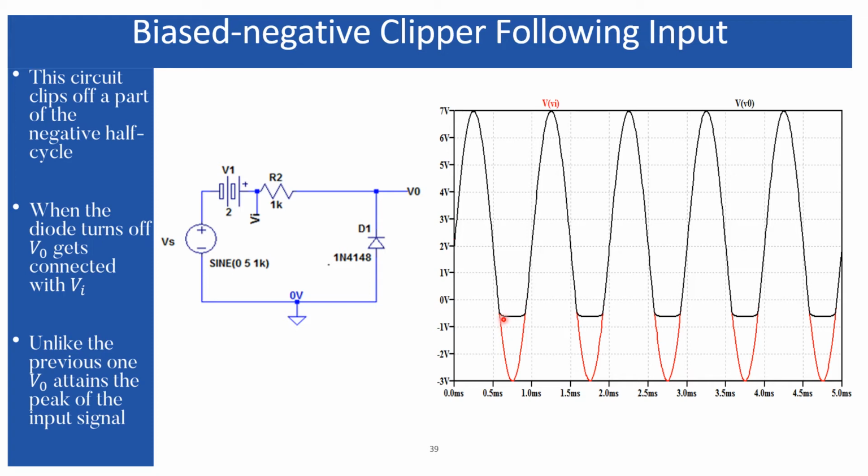However, for the negative peak, there is some consumption of the diode voltage, so the output voltage does not come to exactly 0. But at least for the positive half cycle of the input signal, the output attains its positive peak. So in this manner also, it is a better circuit in comparison with the previous one.